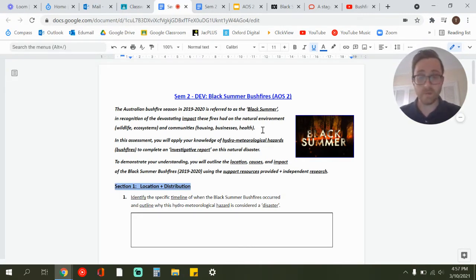So we're going to be investigating the impact of these fires on the natural environment, looking at the wildlife and the ecosystems it affected, but also on people, so on the communities, housing, businesses, and health. What you'll be putting together is essentially a little report to outline what happened, where it happened, when it happened, why it happened, so the causes, and also the impact of it.